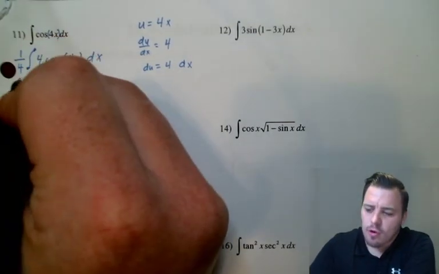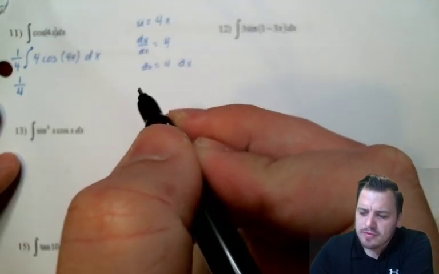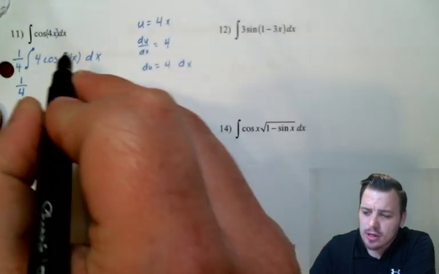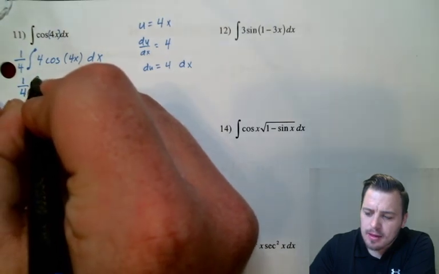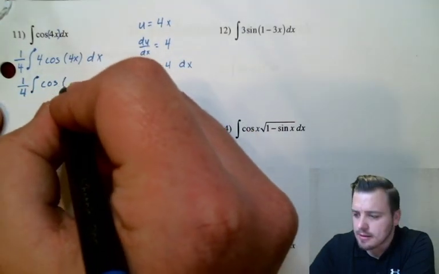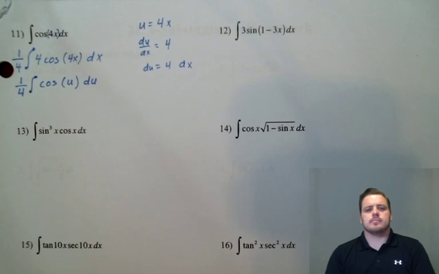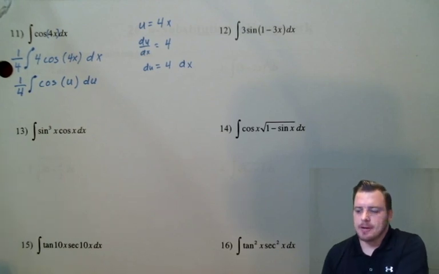So then that's 1/4, and then 4 dx is my du, so that's 1/4 integral of cosine of u du.